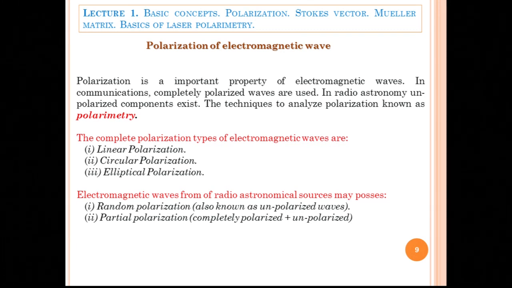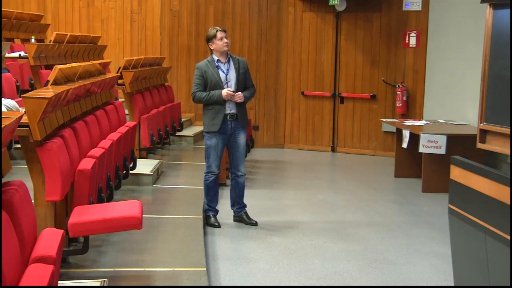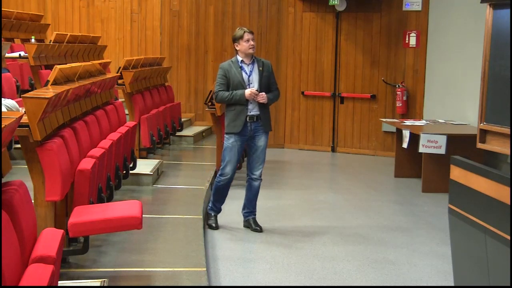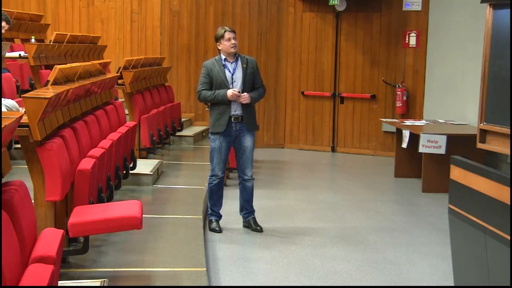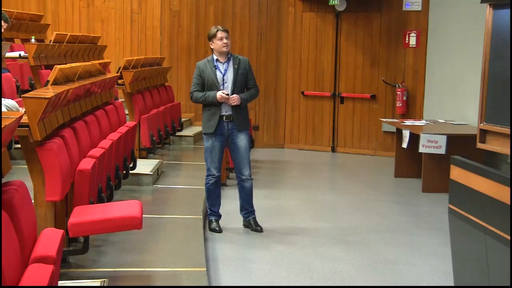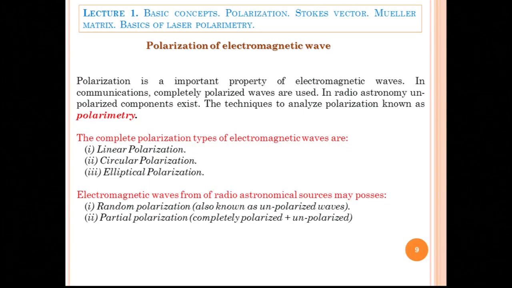The complete polarization types of electromagnetic waves are the following. There are three types: linear polarization, circular polarization, and the most common type, elliptical polarization. Radio astronomical sources may possess random polarization, also known as unpolarized waves, and partial polarization.